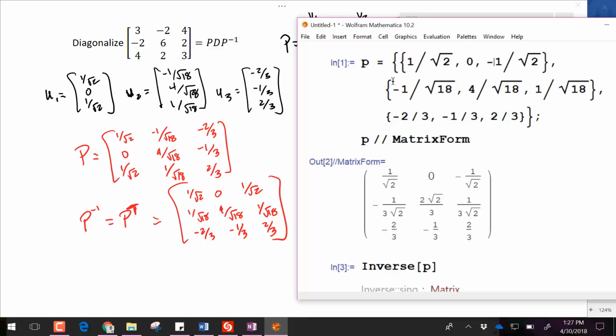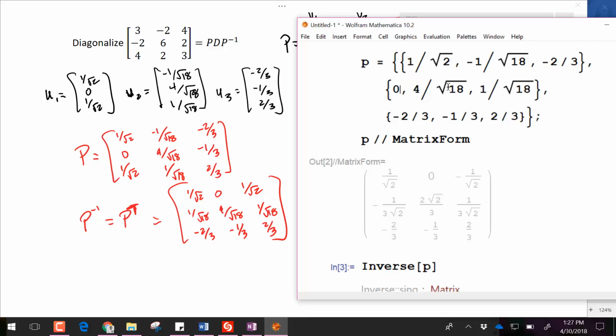Oh, crap. All right, let's try it again. So let's move things around. This is a second, and then this is negative just 2/3. This should be a 0. 4/18, and this is a negative 1/3.